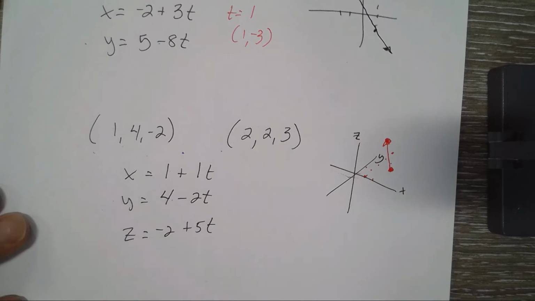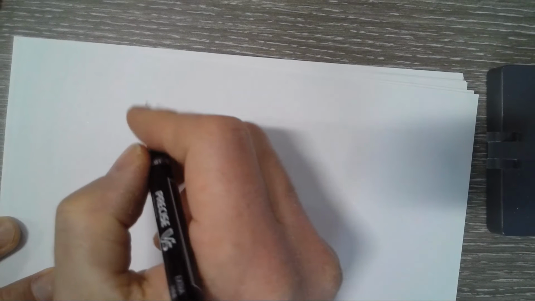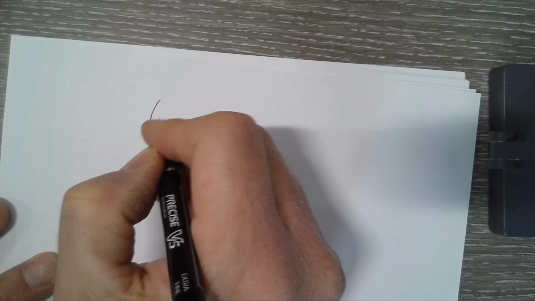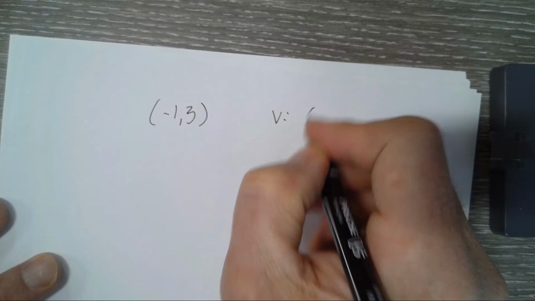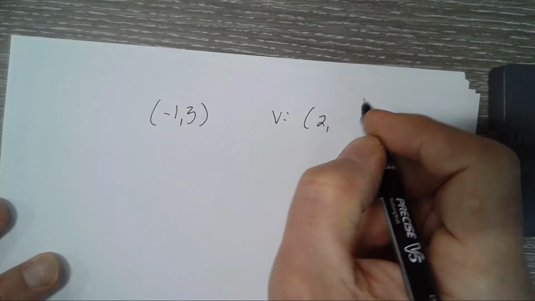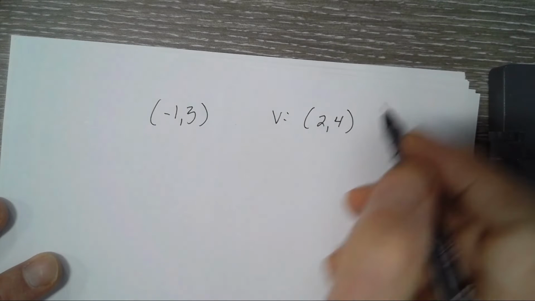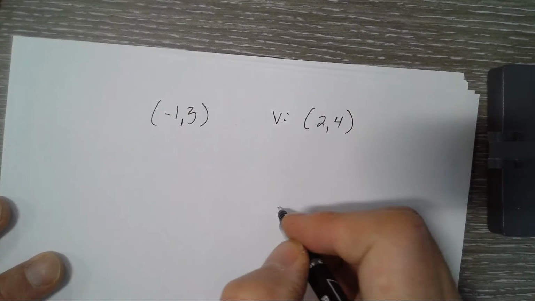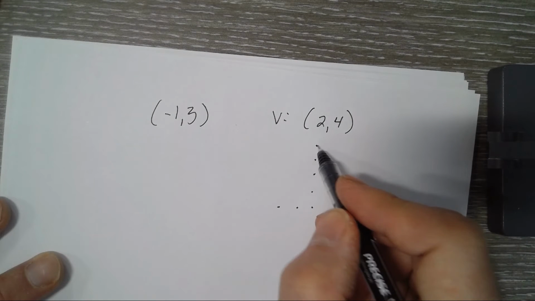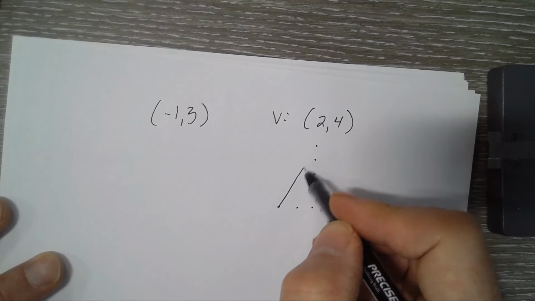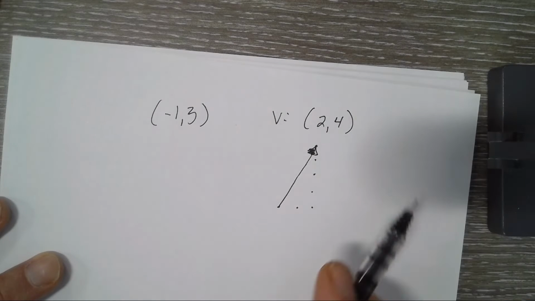So then another question would be, what if you have a vector? So back to 2 dimensions, let's say I have an ordered pair of -1, 3, and it has a vector of 2, 4. So this 2, 4 vector means we go 2 to the right, up 4. This is the vector. And we can move this vector, kind of like the pencil here.